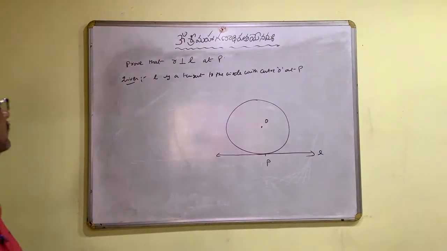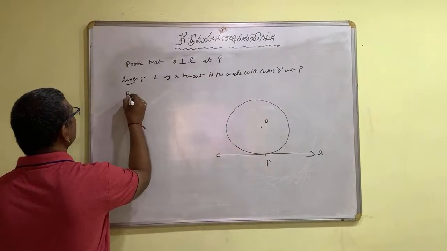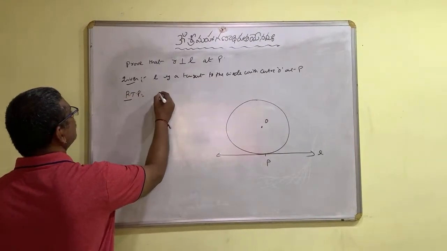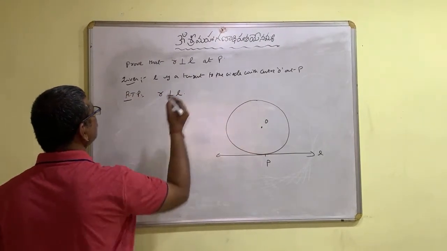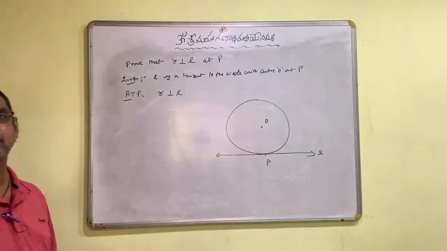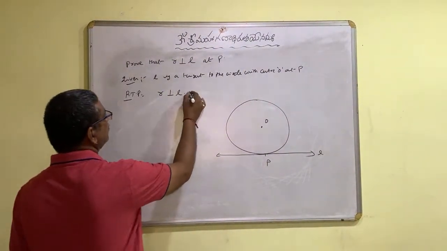Okay. Now what is required to prove? Radius is perpendicular to tangent at P.